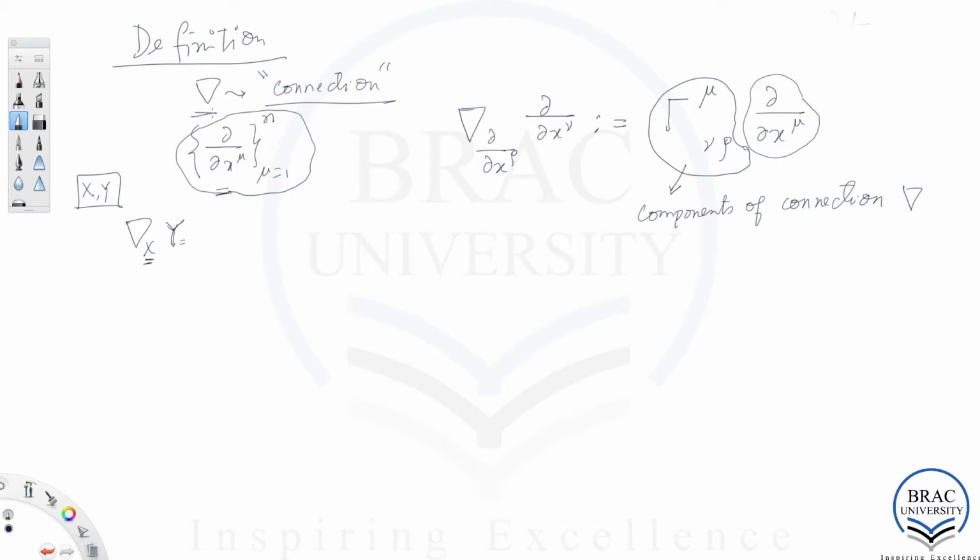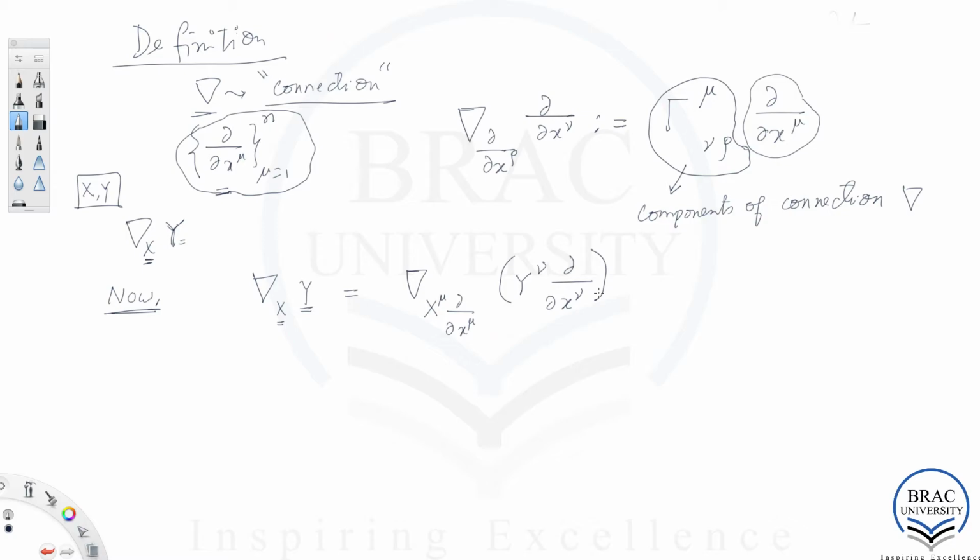Okay, so now nabla x y is going to be equal to nabla. Now I'm writing x in this coordinate basis as x mu del by del x mu, and I'm writing this vector field y in the coordinate basis as y mu del by del x mu.